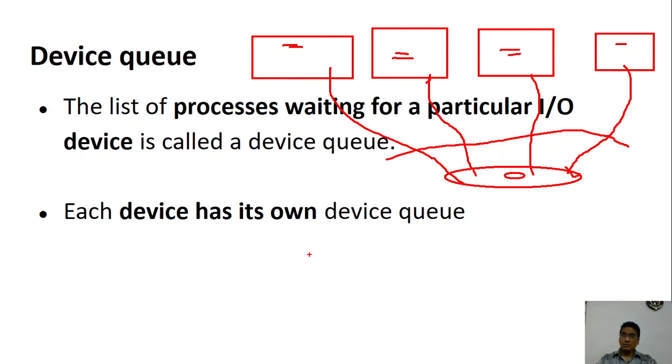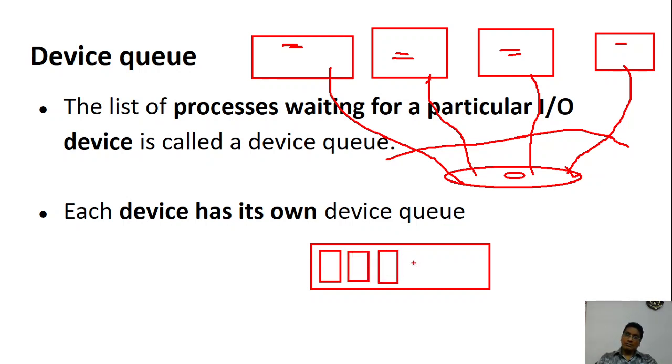So what it will do is maintain a queue of all the processes which have made a request. Otherwise it will lose control of who requested first, who requested next, and so on, and again there will be a problem. So the disk will say, I have a queue, whoever came first will be served first, and the next one will be next in the queue.